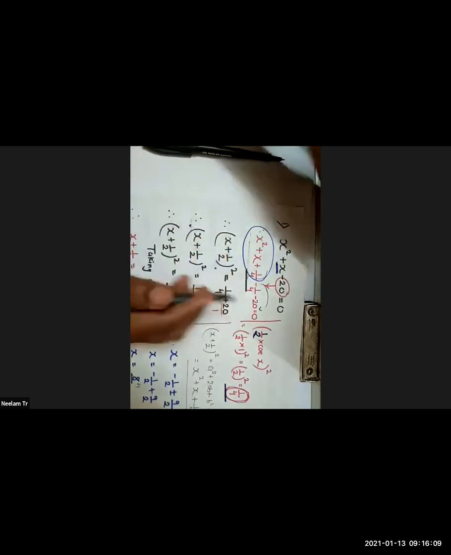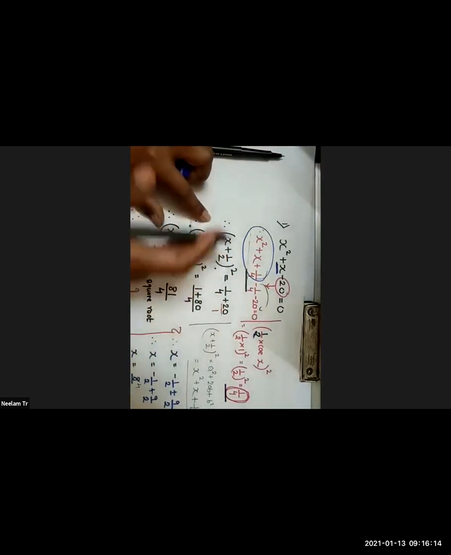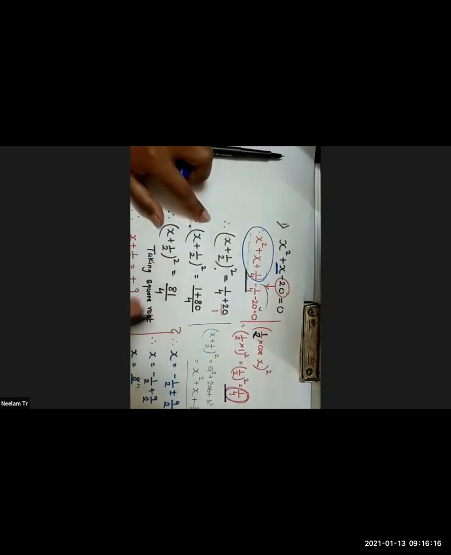That is, x plus half is equal to half whole square. This will give me this much equation. So I have completed one step, and I got my complete square. The rest is the same. You have to take it to the right hand side and do the rest of it.